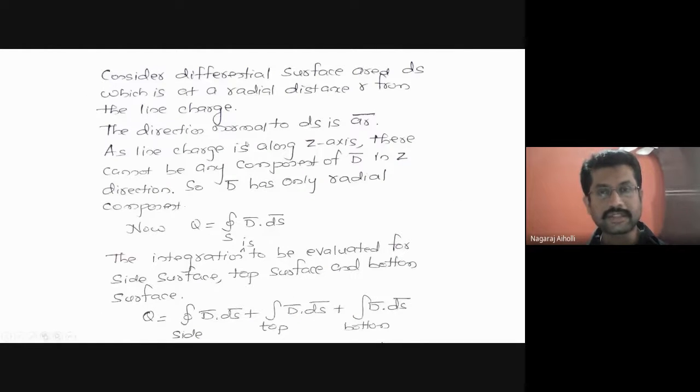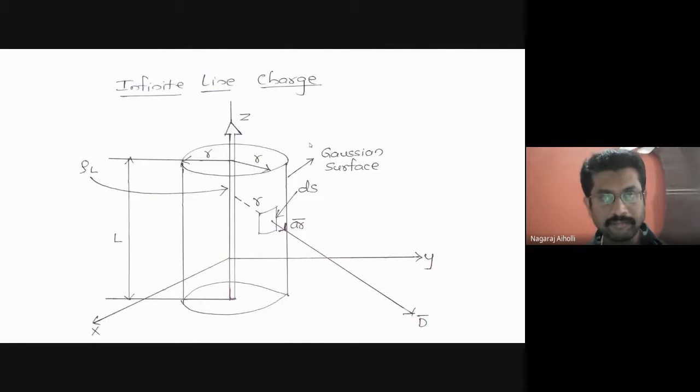As the line charge is along the z-axis, there cannot be any component of D bar in the z direction. This is an important point. If the line charge is lying along the z-axis, there will be no component of the electric flux density in the z direction because it's a mirror image between the positive z-axis and negative z-axis.